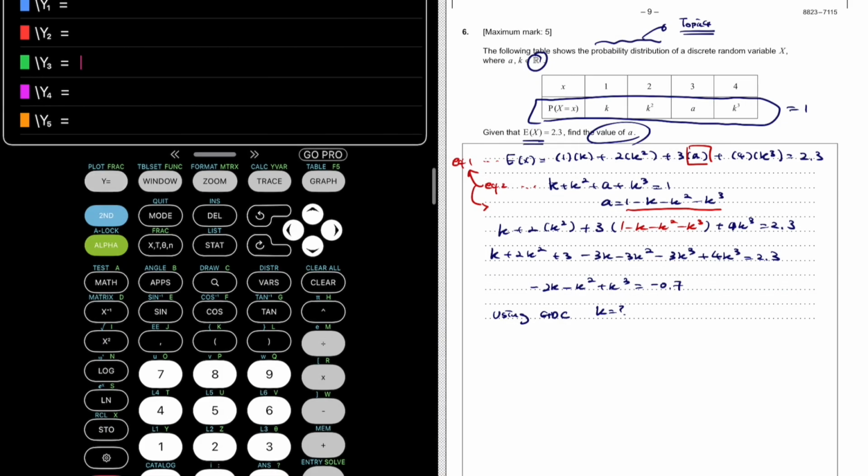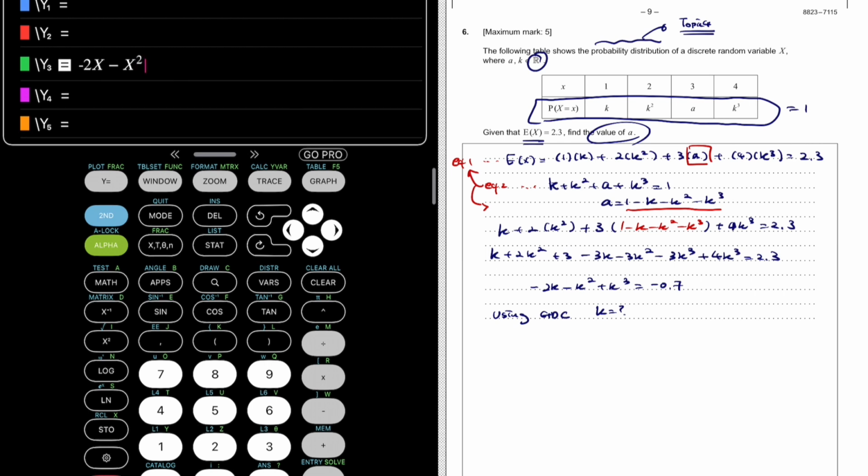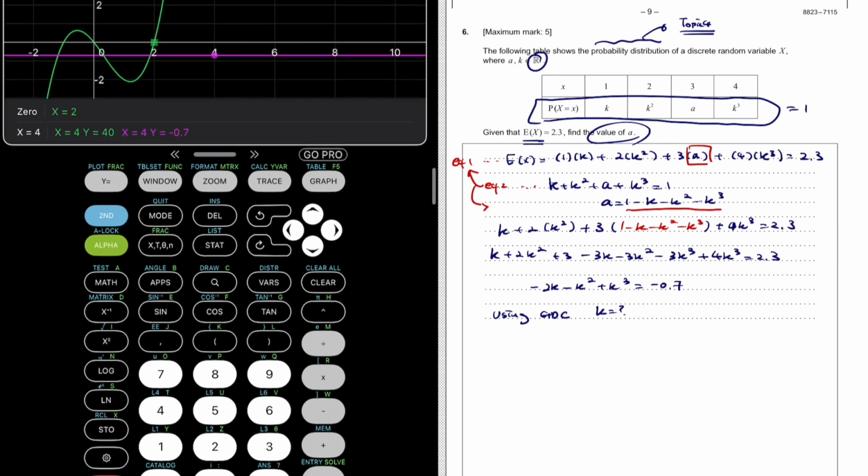I'm going to enter the left hand side of the equation into y1, using x instead of k: negative 2x minus x squared plus x cubed. In the second line, I enter negative 0.7. Then hit graph, and let's find the first intersection point.